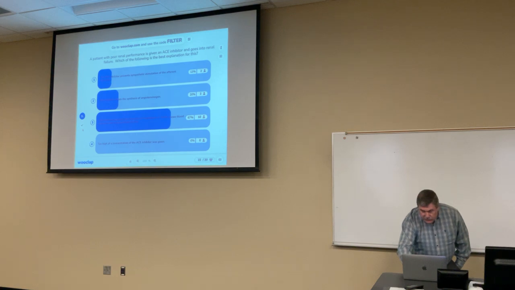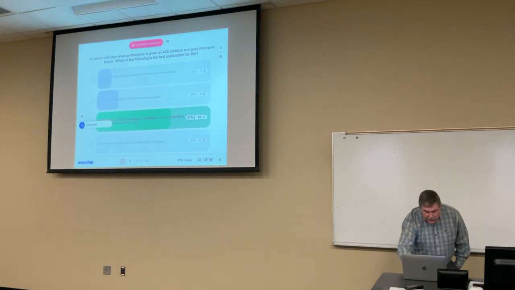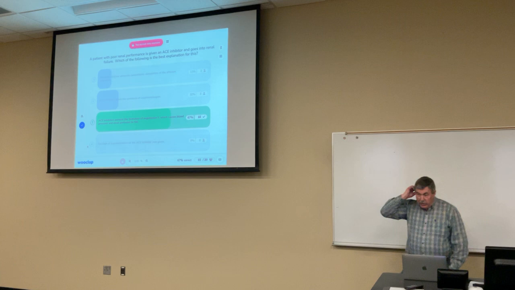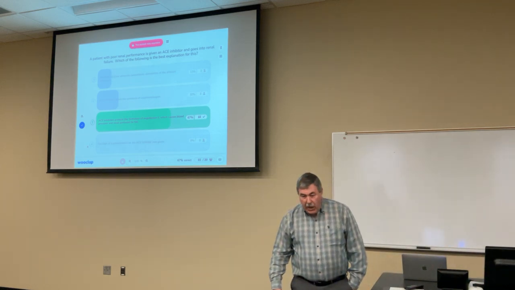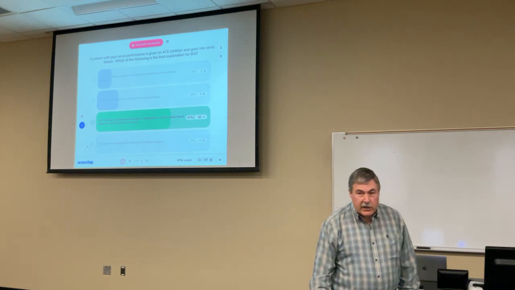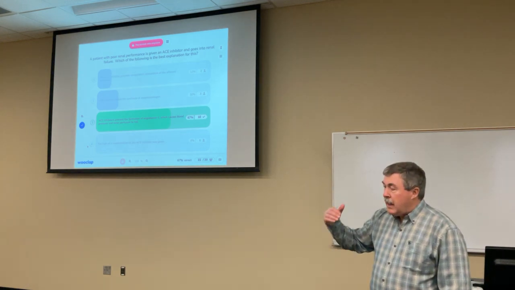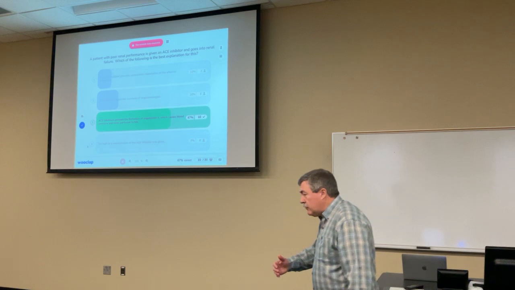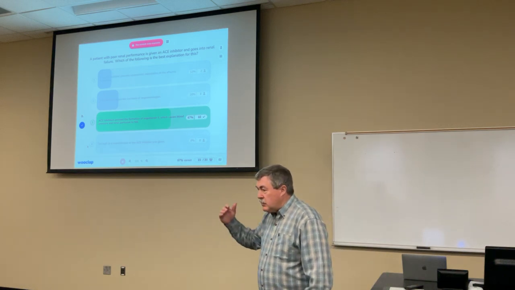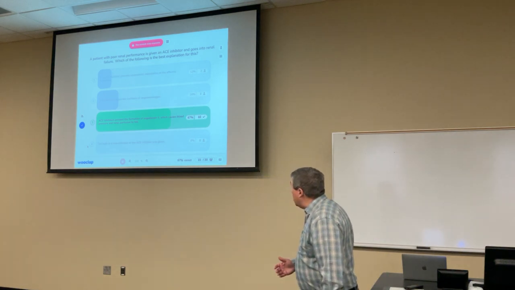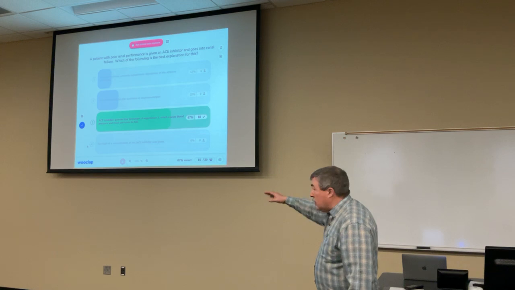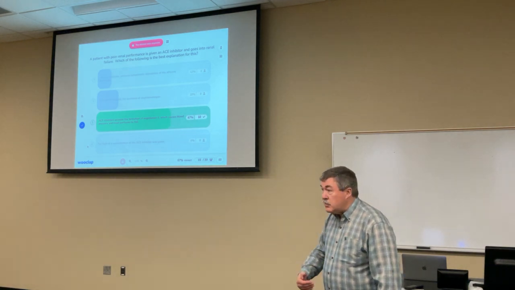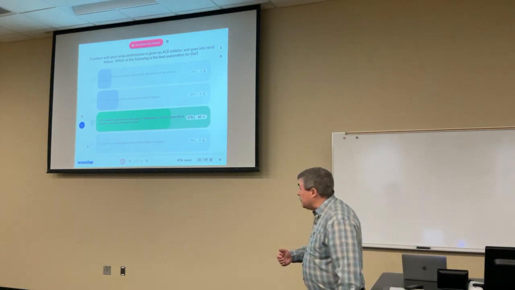Most of you selected number 3, and that's correct. So what an ACE inhibitor does is it blocks the angiotensin converting enzyme. So angiotensin converting enzyme can't convert angiotensin 1 into angiotensin 2. So that does prevent the formation of angiotensin 2, which is number 3, and without as much angiotensin 2, that's going to cause blood pressure to fall.